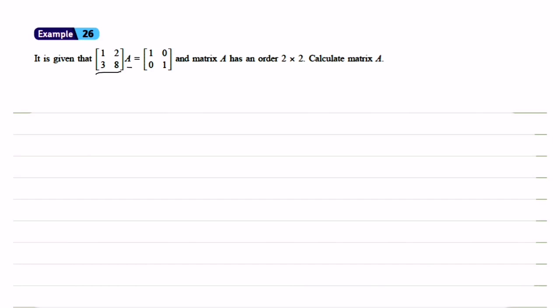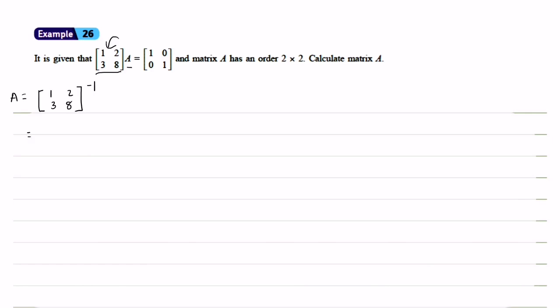Okay, so very simple, you just change this matrix into an inverse matrix. Still remember how to find the inverse matrix?